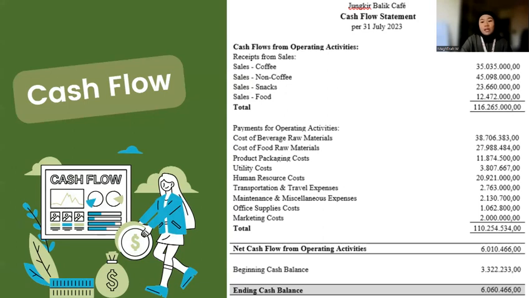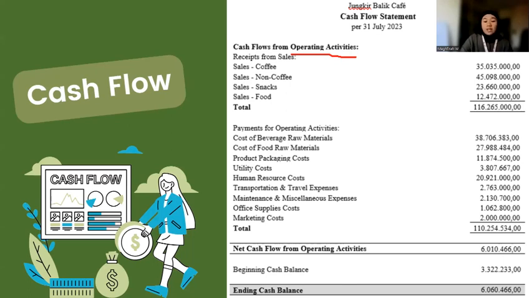But in this report, I'm only using the operating activities because, as we can see before, there's no use in financing and investing activities. Operating activities include receipts from sales and payments from operating activities that sum all of the costs and expenses.